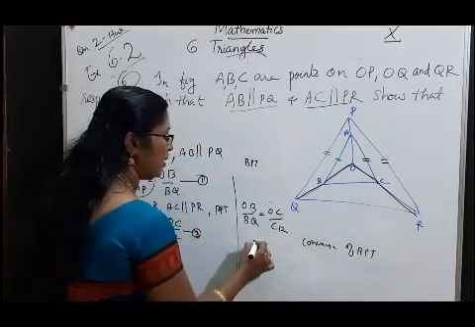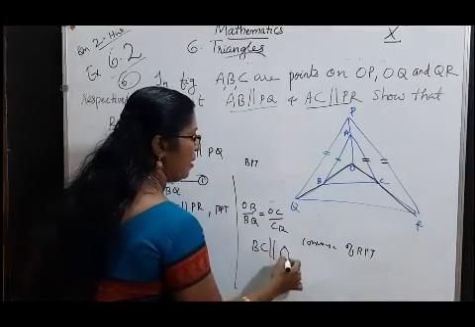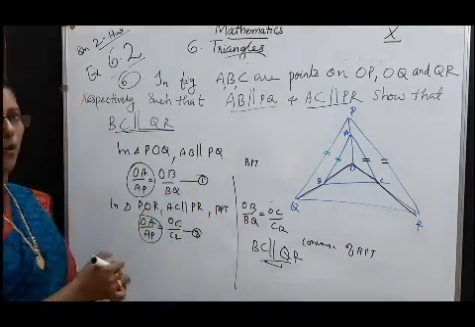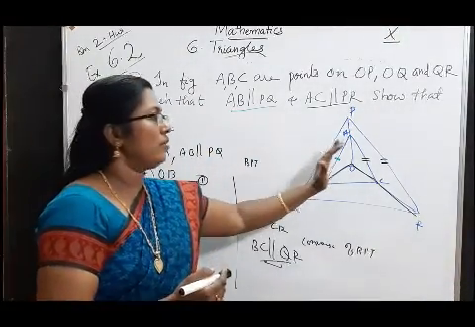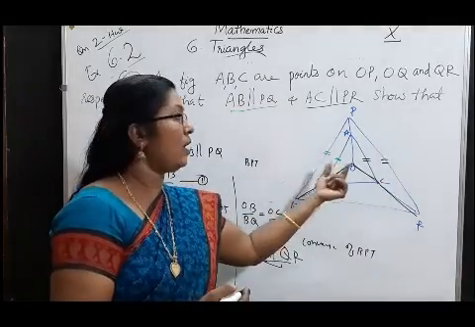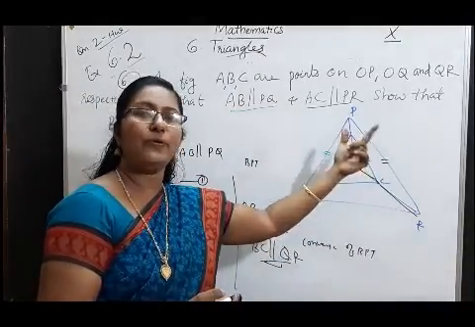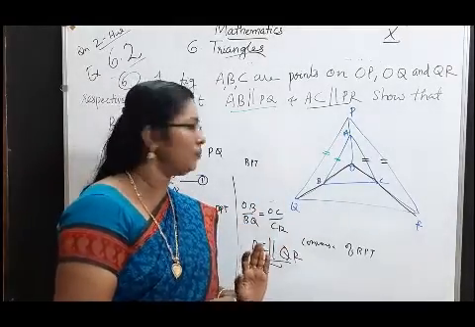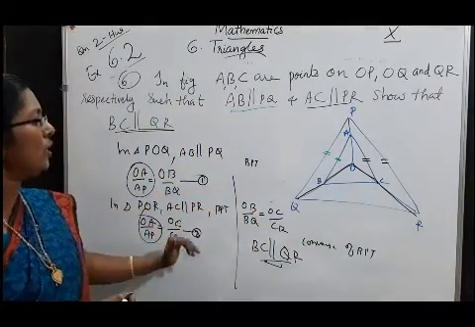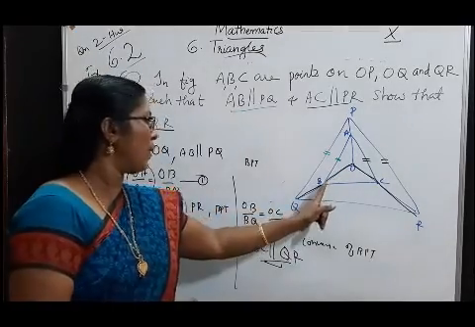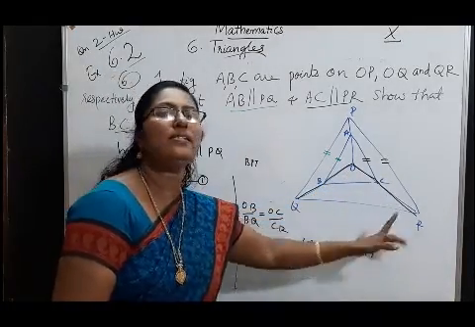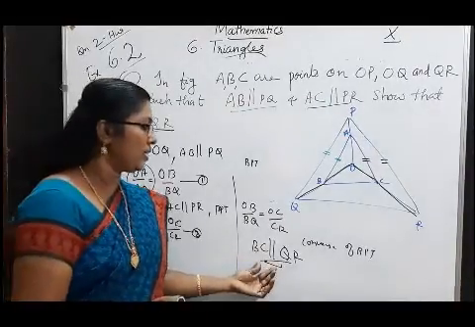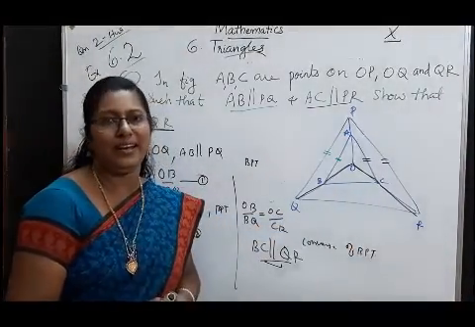We can write BC is parallel to QR. By equating 1 and 2, we get OB by BQ equals OC by CR, so by the converse of BPT, BC and QR are parallel.